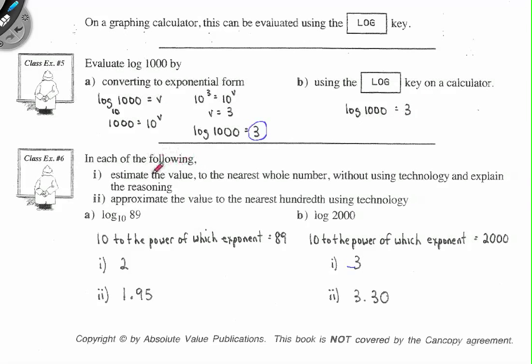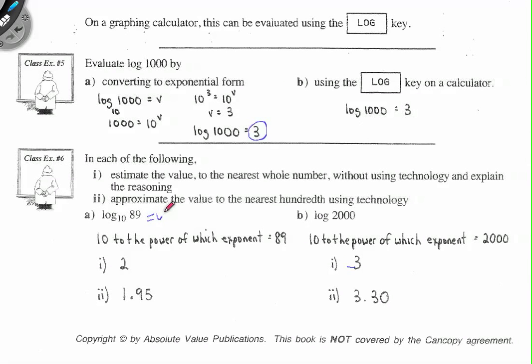Now in each of the following, estimate the value to the nearest whole number without using technology and explain your reasoning. Also approximate the value to the nearest 100th using technology. Fair enough, we're taking log of 89 to the base 10. We can do the drop, swing, bump method.